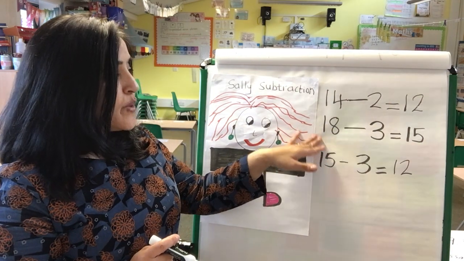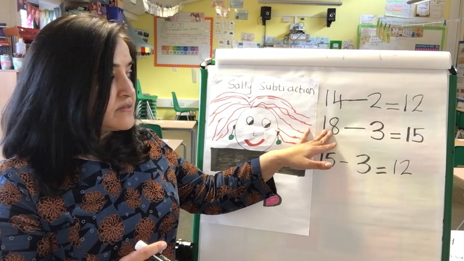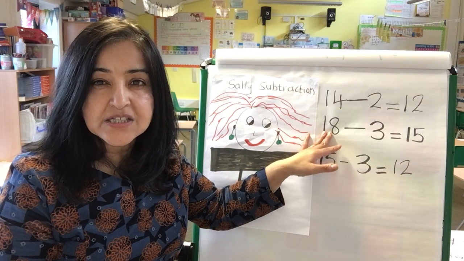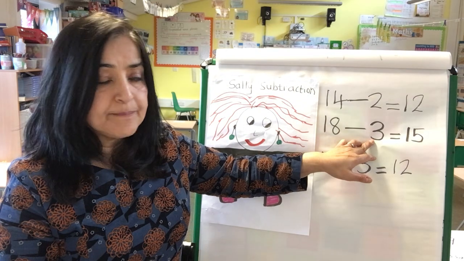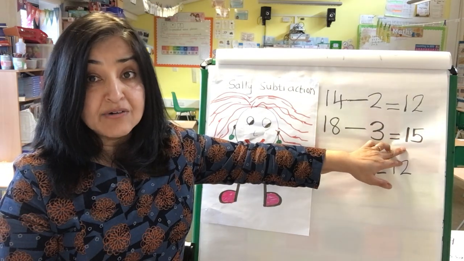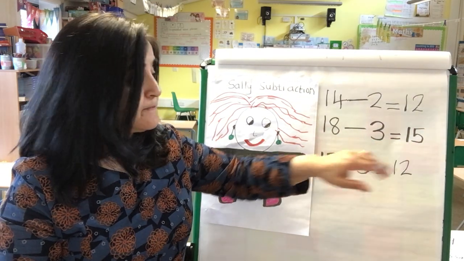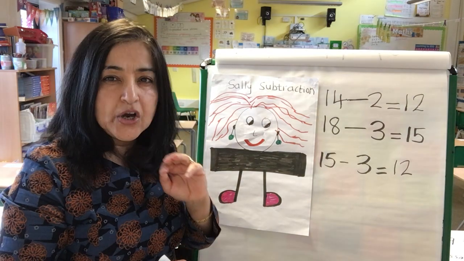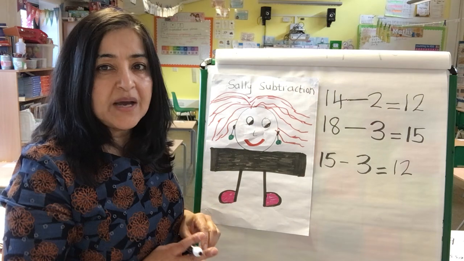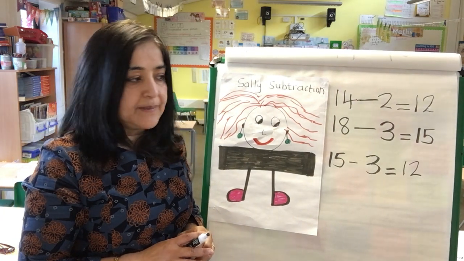First, there were 18 shapes. Along came Sally Subtraction, took 3 away, and now there are only 15 shapes. Then Sally Subtraction, when no one was looking, went to my sorting toys tray.